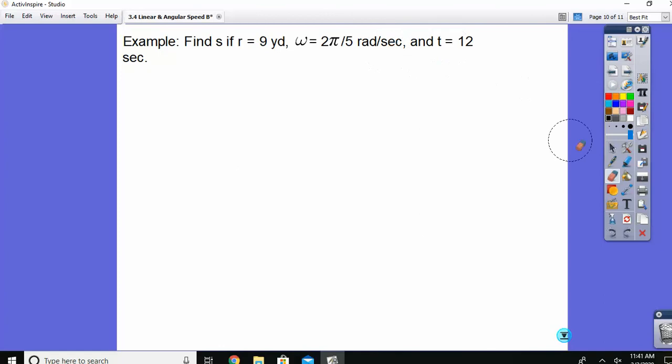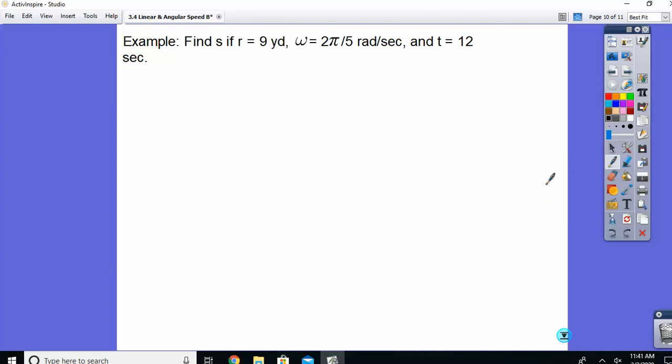Okay. Sorry. So I need S. Let's look at my options with an S in it. S equals R theta. We have an R. Do I have a theta? No. Okay. V equals S over T. I have a T, but I don't have S. So we have to find something first. Which one do you want to use?